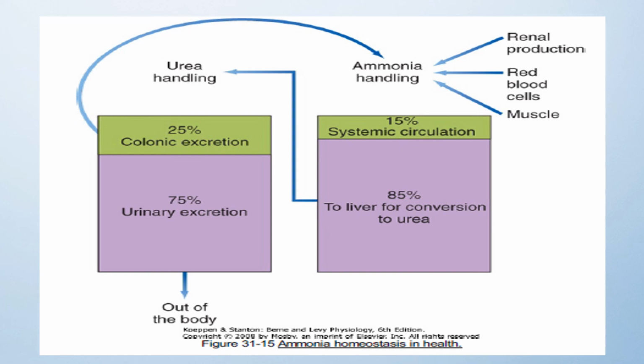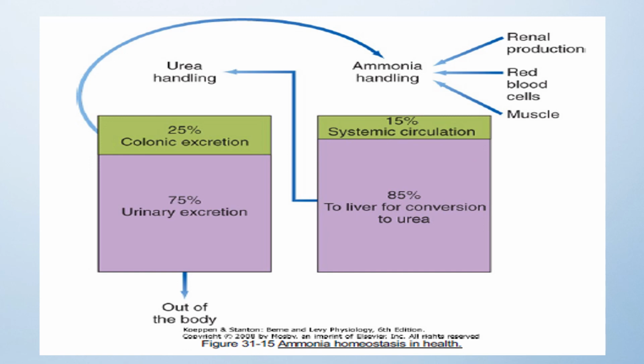And for the handling of ammonia, 85% is handled in the liver, and 15% in the systemic circulation.